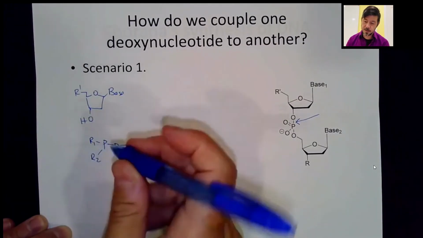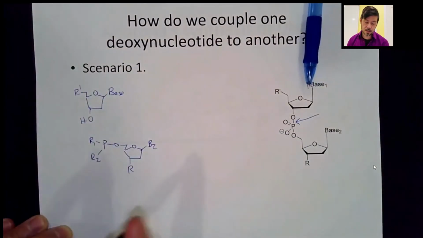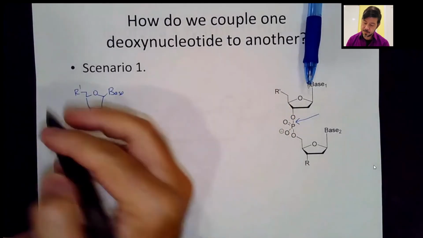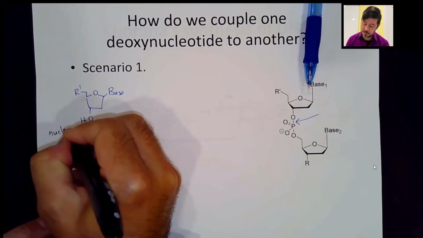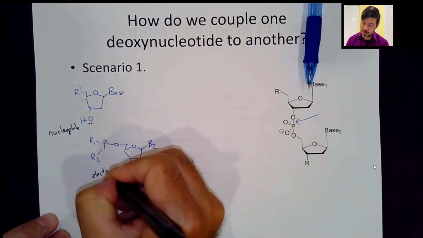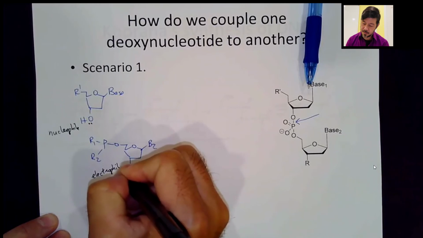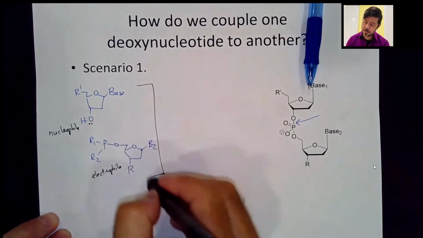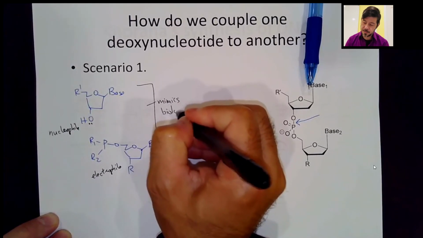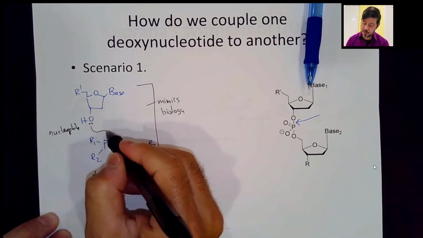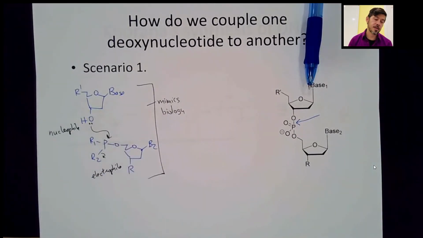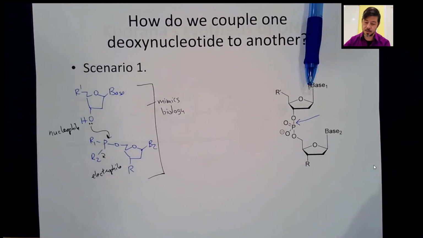At this point, it's not super important to know what those are, but you can see here that we have our nucleophile, and here we have our electrophilic phosphorus. As I mentioned, this mimics biology, and you can imagine that this would come and attack this phosphorus, and that would be what's necessary to create that oxygen phosphorus bond.